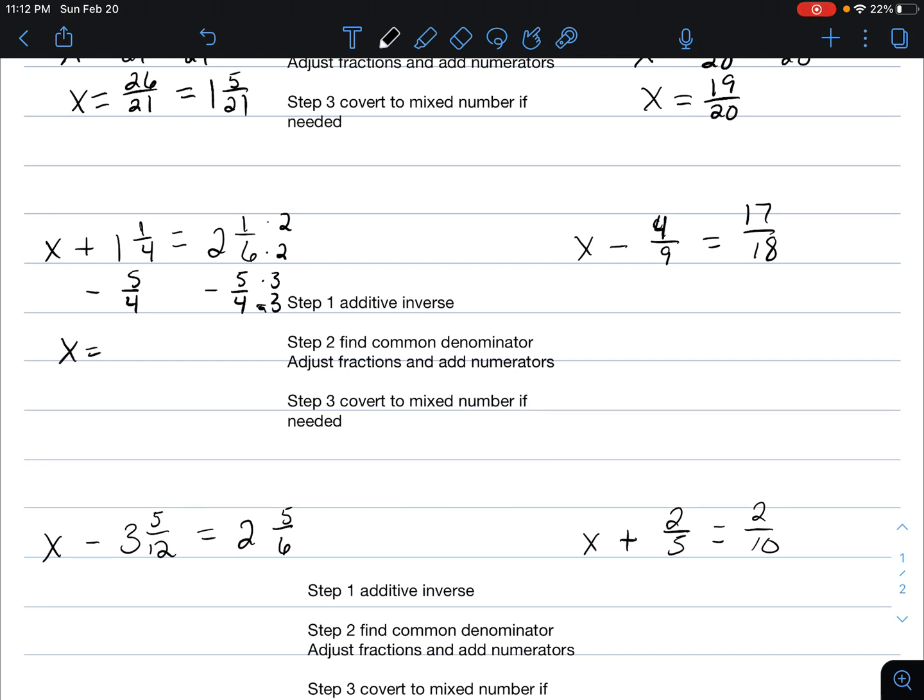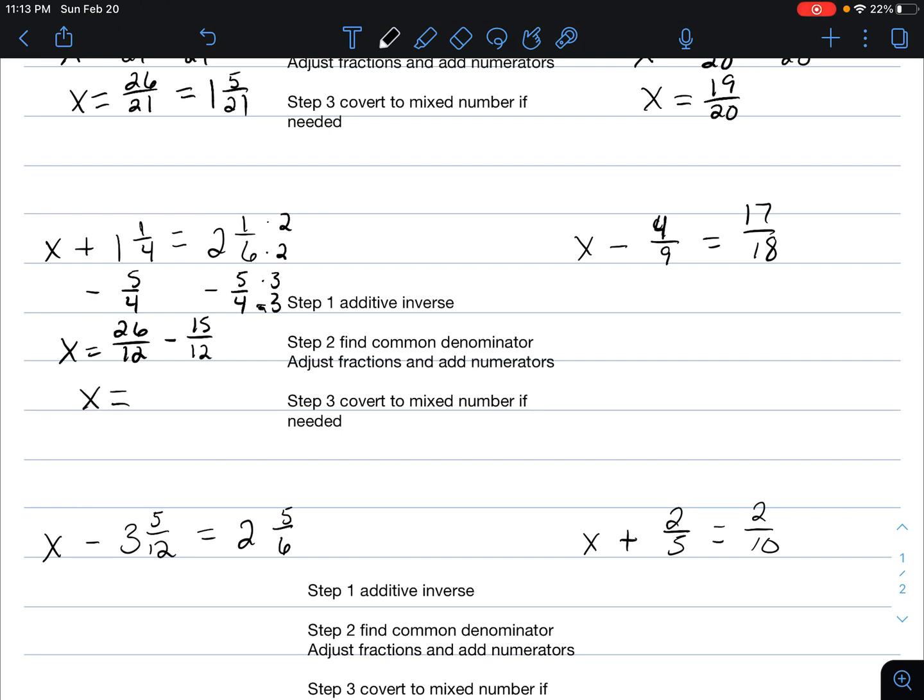So x equals, so when this becomes 2 and 2/12, as an improper fraction, 12 times 2 is 24, plus 2 is 26. And then we're going to minus 5 times 3 is 15, and 4 times 3 is 12.